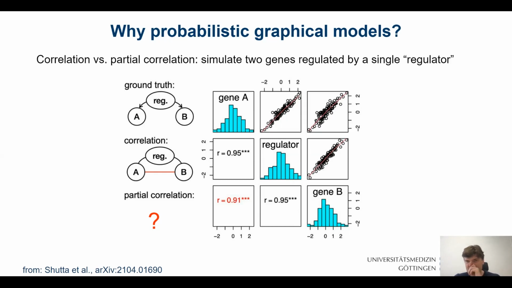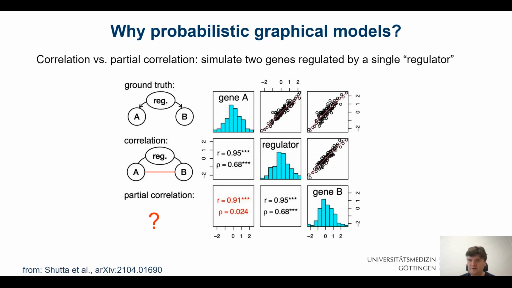And that's basically what partial correlation can address. So I simply calculate partial correlations now. And we see gene A and regulator still highly correlated with 0.68. The same for regulator and gene B, 0.68, and both highly significant.